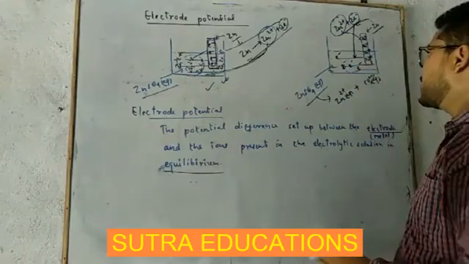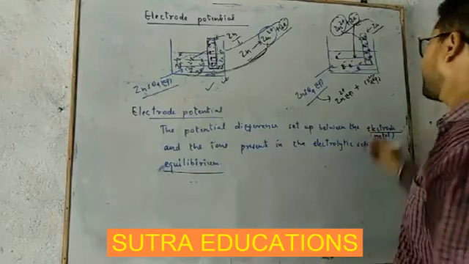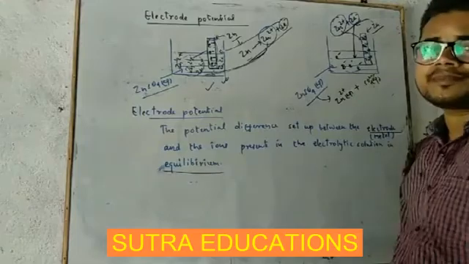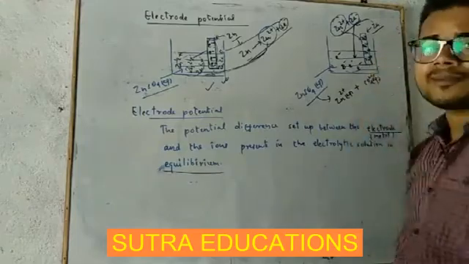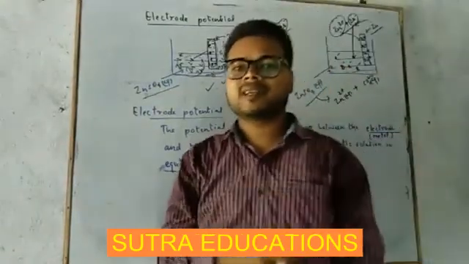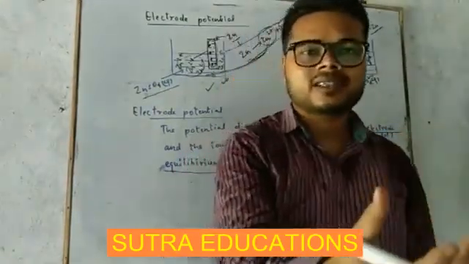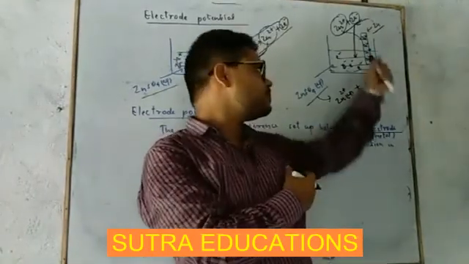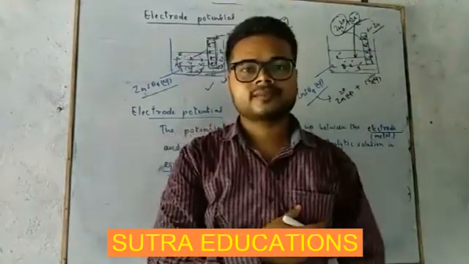Now what will happen? When this Zn2+ sticks to the metallic rod, it will become positive, and as it becomes positive, it will start attracting electrons which are present in the electrolyte.